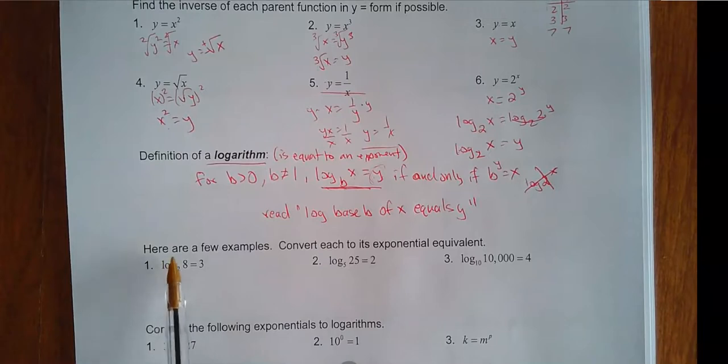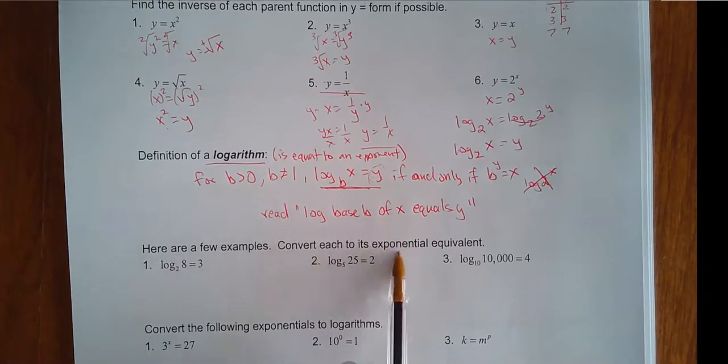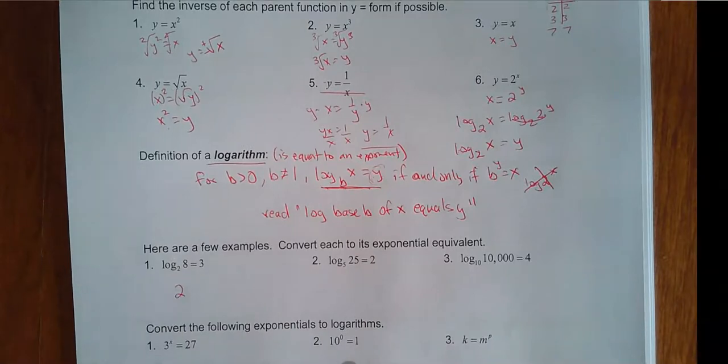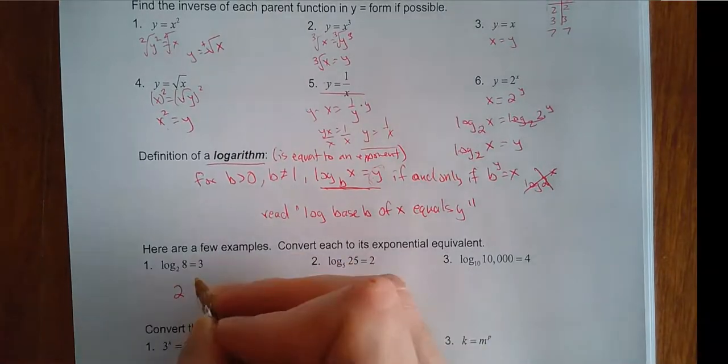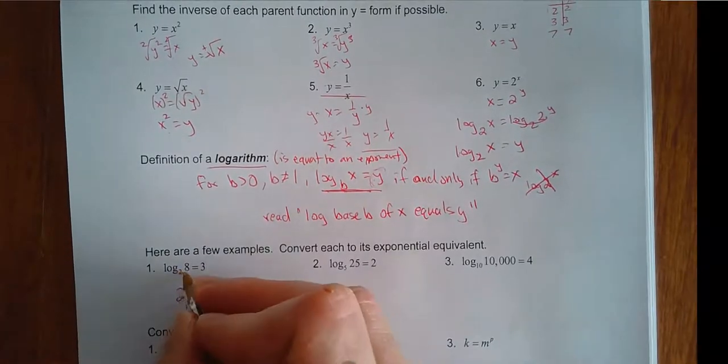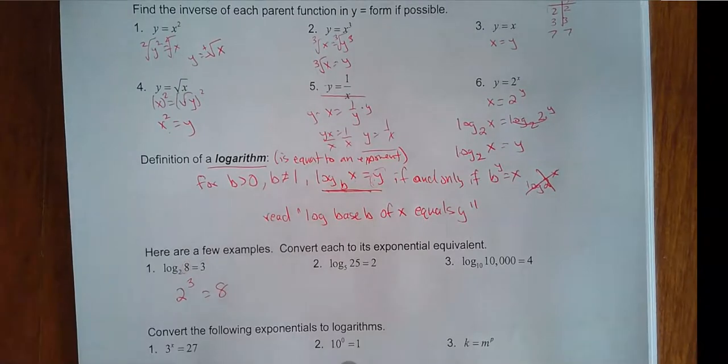So for this one here, it says convert to the exponential equivalent. So exponential means there has to be a base and an exponent. Well, on this one, the base is 2, and then a logarithm equals an exponent. So whatever it equals is the exponent. And then whatever the log base 2 of 8 is, that's supposed to be the answer of the exponential.